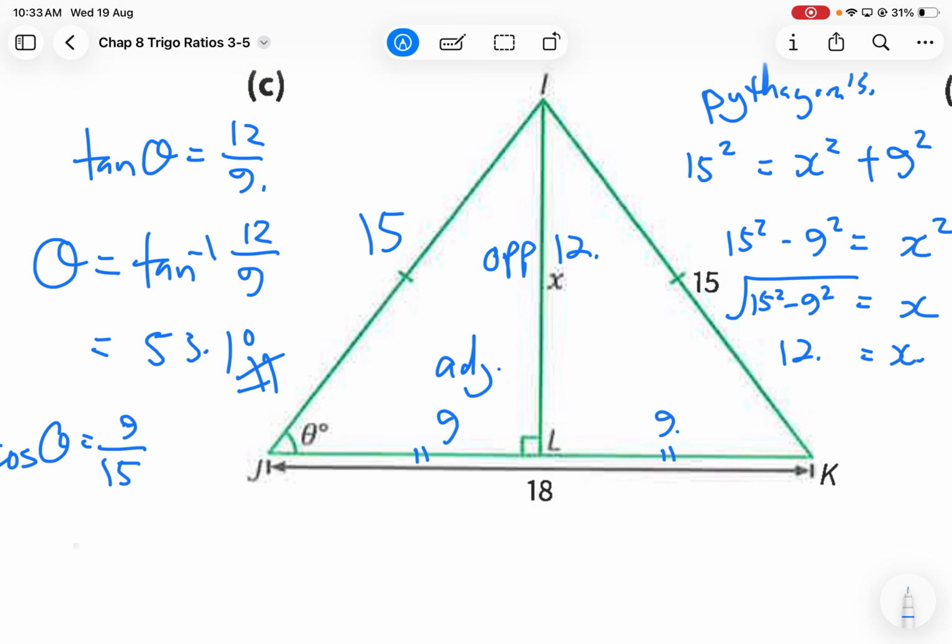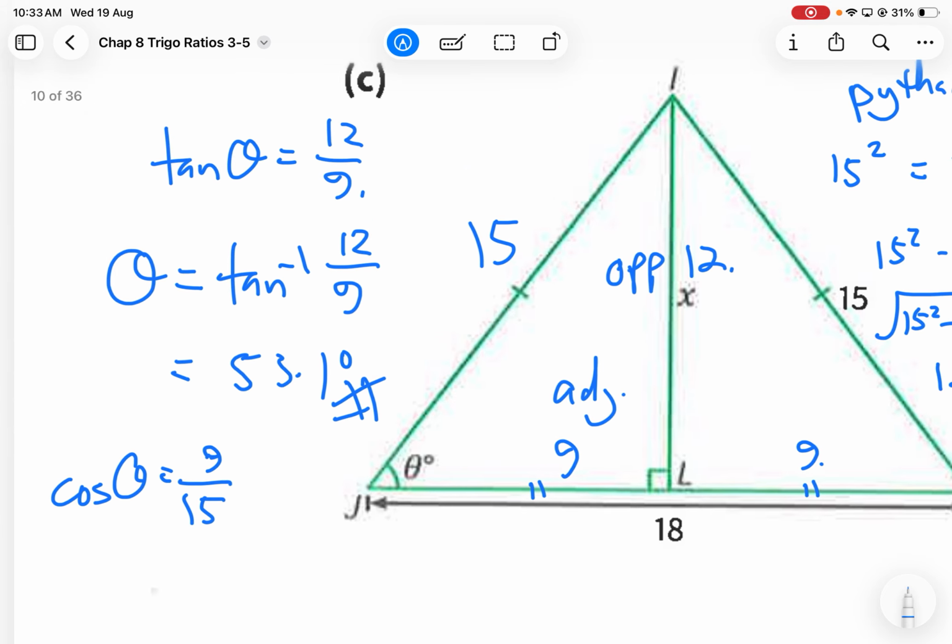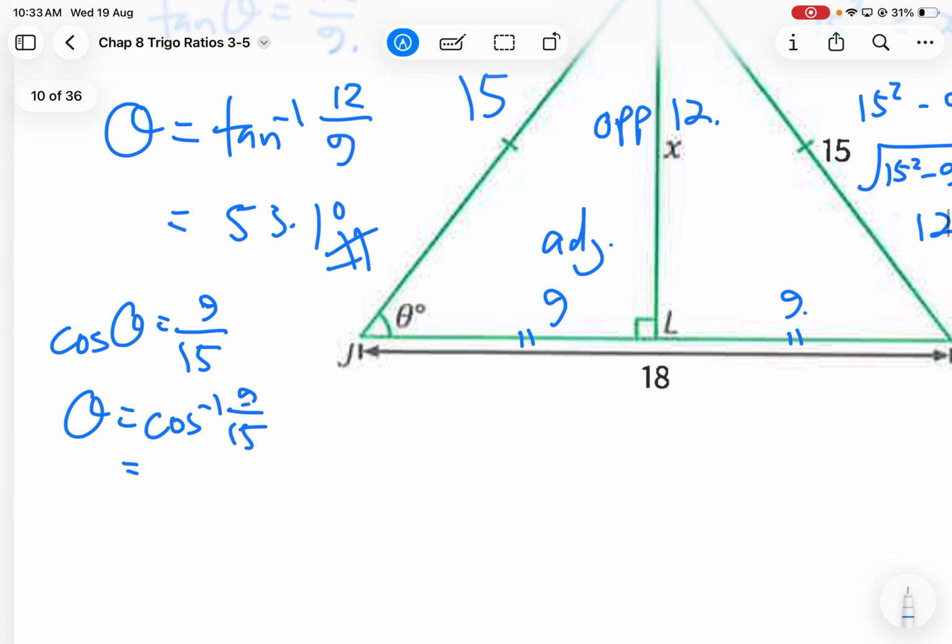So if I make a mistake here, my second part will be wrong also. So if I use 9 and 15, they are the given numbers, it is less likely to be wrong. But if you do everything correctly, you should get the same answer when you cosine inverse 9 over 15, 53.1.